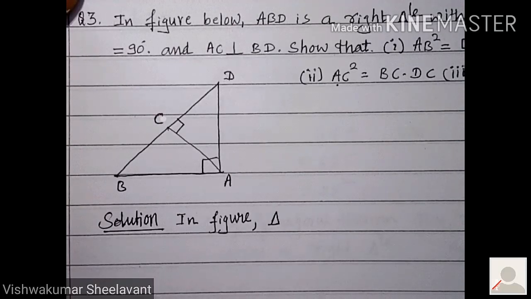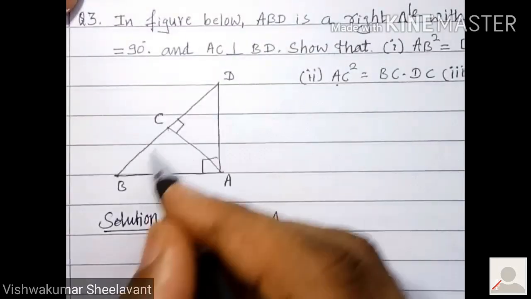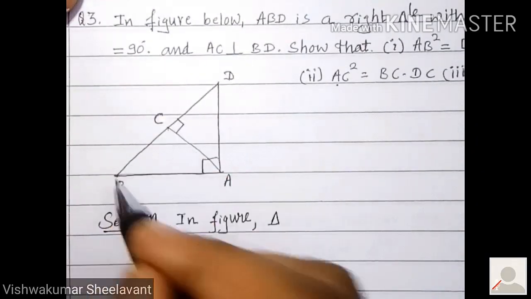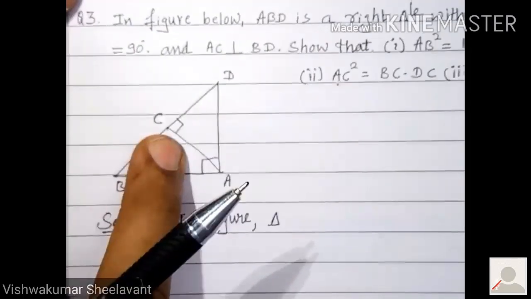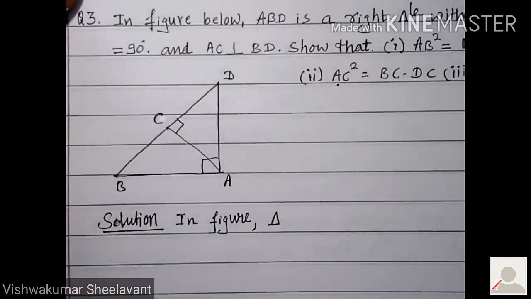AB should be common, no? Such a triangle you have to consider. That means triangle ADB and ACB we can consider, the inner triangle and the outer triangle.